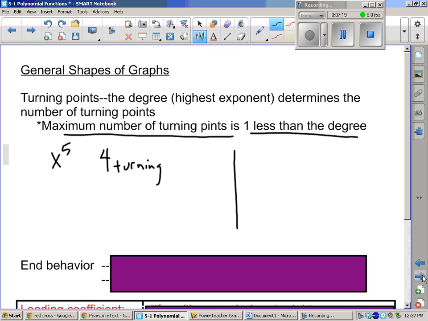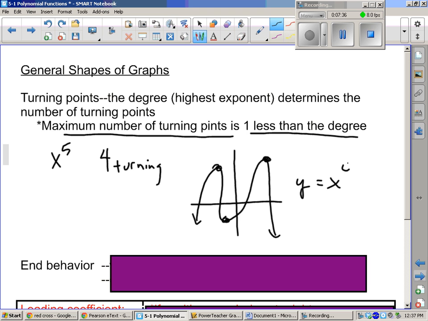Okay, so let's look at this graph right here. If I go up, and down, something like that. How many turning points do I have? Here's 1, 2, 3. So what is the highest power that this could be? 4. Y equals x to the 4th, and then it would have other things after it.